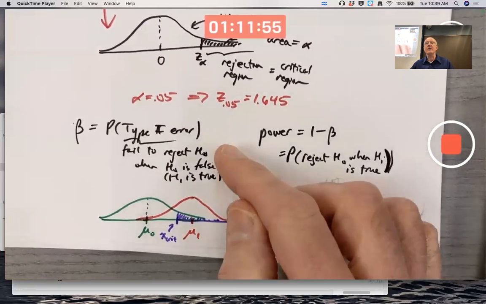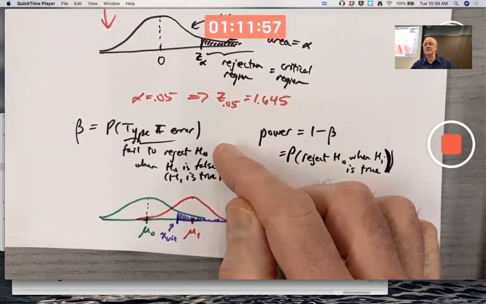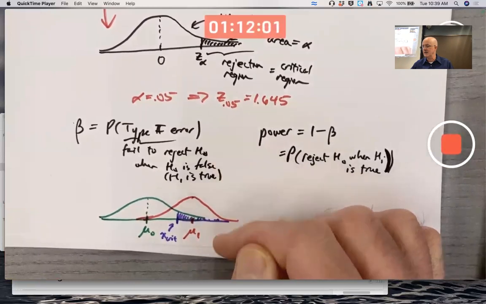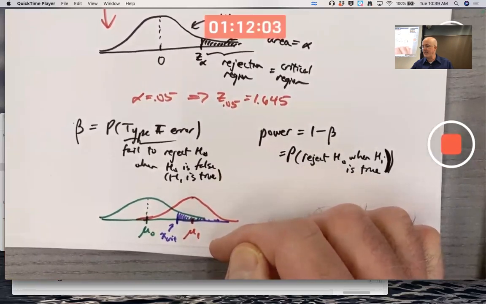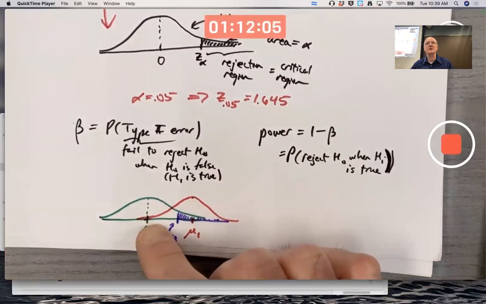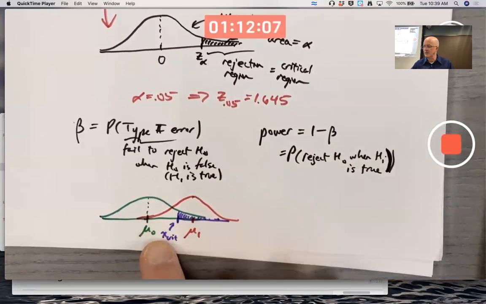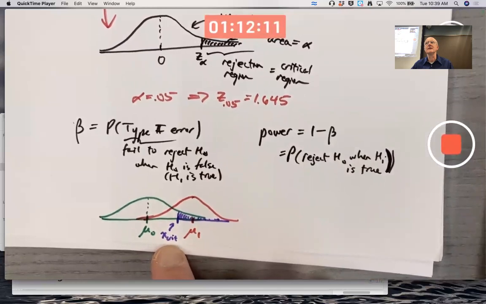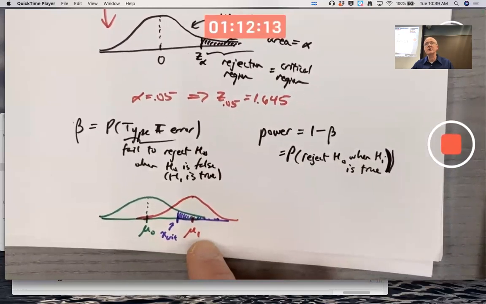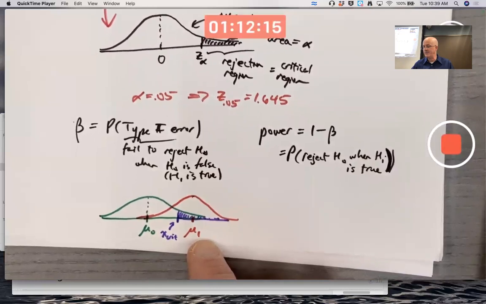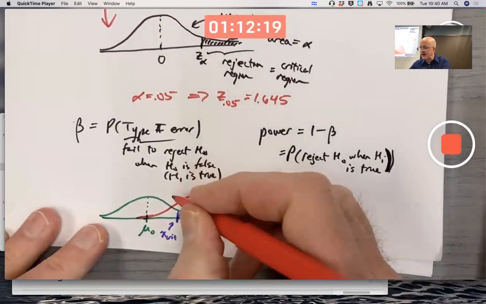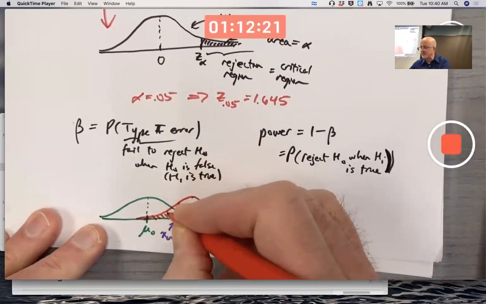Making a type 2 error, failing to reject the null when it's false, so you should have rejected it, means you were not in the rejection region. X bar was less than X crit. But if this alternative is true, if mu equals mu1, then the probability of that happening is this area under the red curve to the left of X crit.